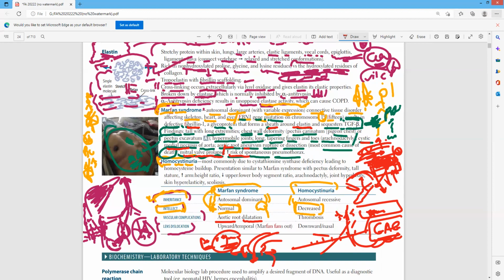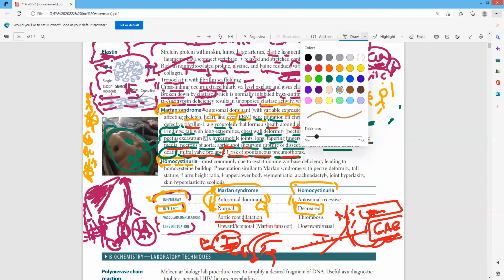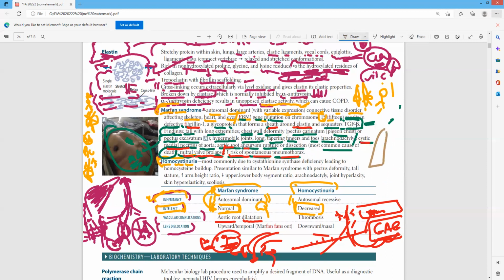You will have increased risk of spontaneous pneumothorax. Why is that? Because these patients are so tall. Here we have the lung, and outside it is the pleura.